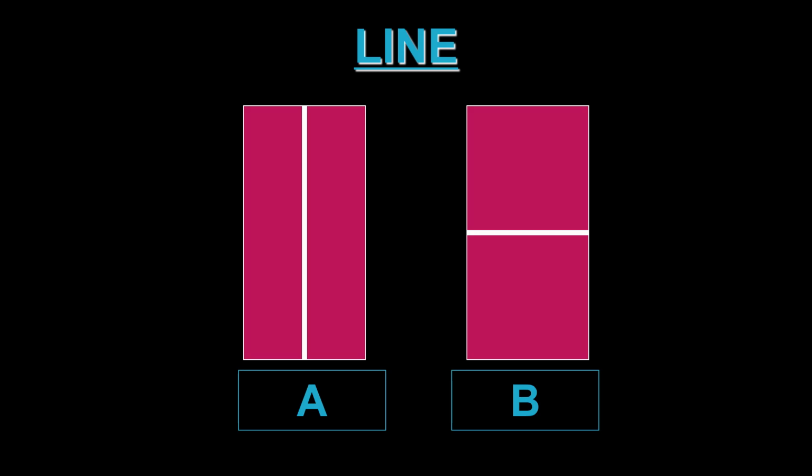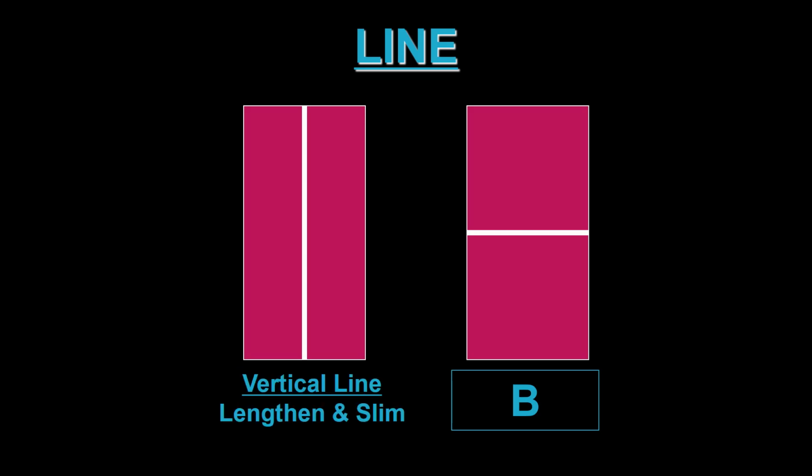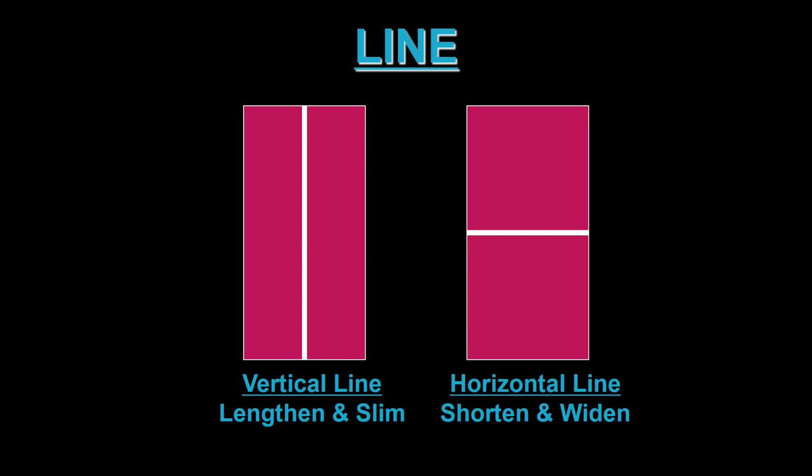So, for example, this first rectangle, we've used a vertical line right down the center to lengthen and slim. Whereas in the other rectangle, which is exactly the same, we've cut it right in half using the same horizontal line width, and now we can see that this rectangle feels shorter and wider.